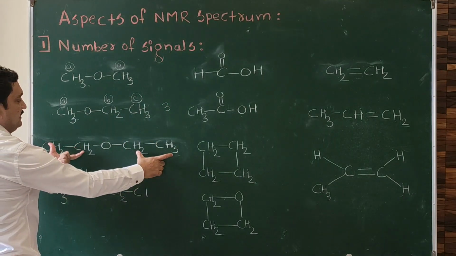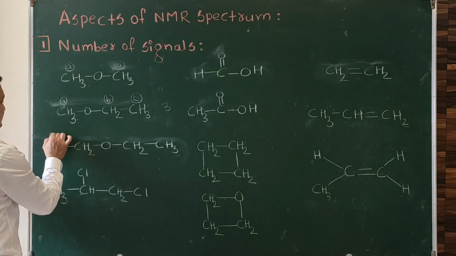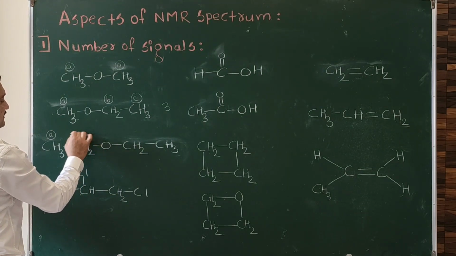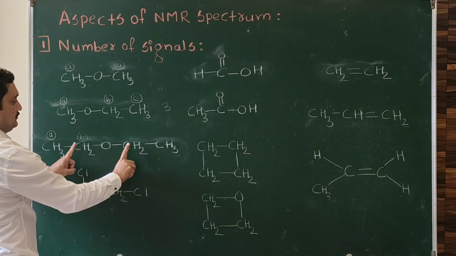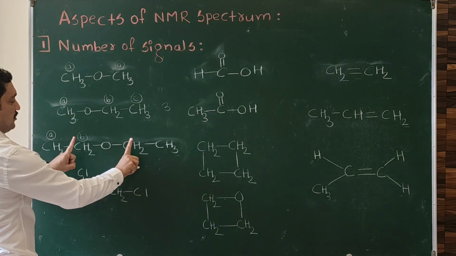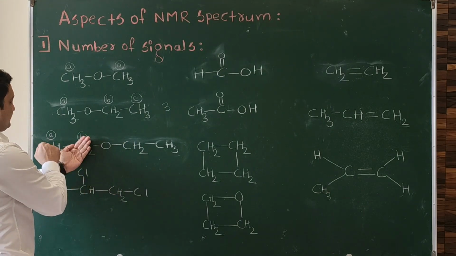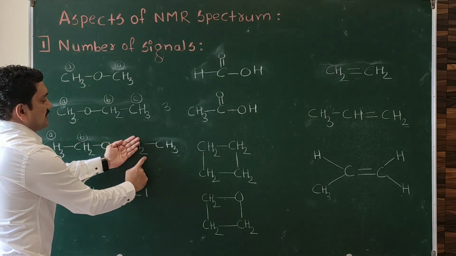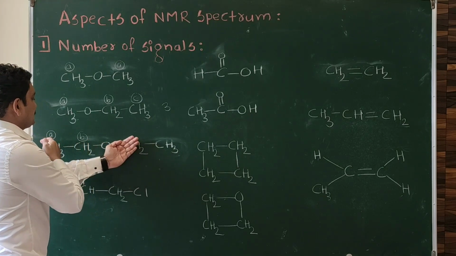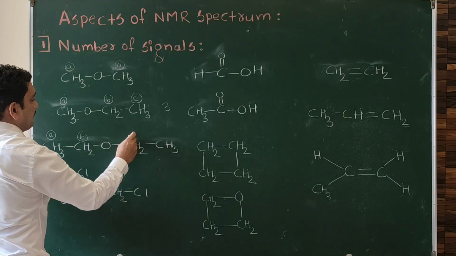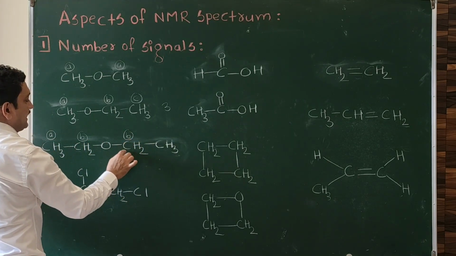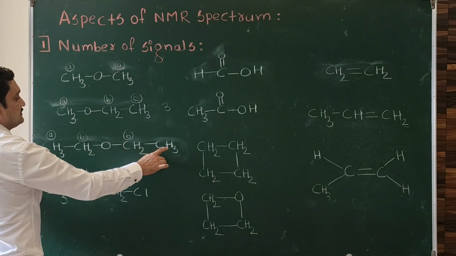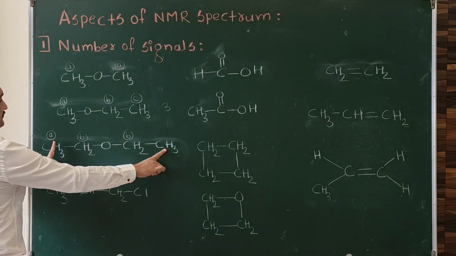Now for diethyl ether, CH3 and CH2 always give different signals. We will check whether the 2 CH2 are equivalent. For this CH2 the environment is direct CH3, OCH2CH3. For this one also direct CH3, OCH2CH3. They have the same chemical environment, so they will give an identical signal. Check this CH3 with this one.